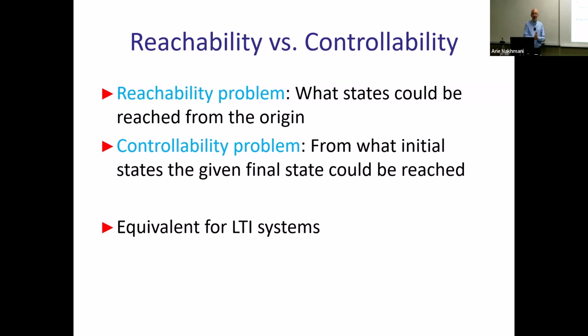So you might have nonlinear systems for which the states that you can reach from 0 are not the same states that you get for controllability, which is a different kind of problem, asking from an initial state, where could you reach, okay? A little bit different formulation. So for nonlinear systems, it will not be the same, but for linear systems, we just assume this is exactly the same thing.